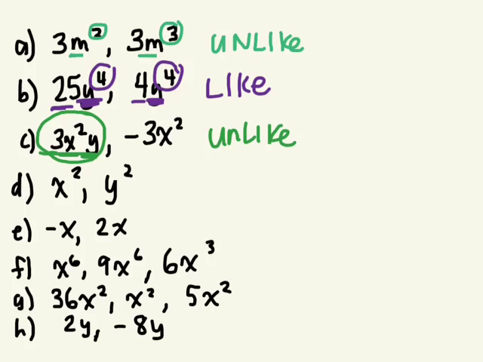This is one term, and the second term is negative 3x squared only. There's no y here. It's missing the variable y, so they actually don't have the same variables. Okay? D, like or unlike? Good. Unlike. Why are they unlike? They have the same exponent. Different variables, exactly.